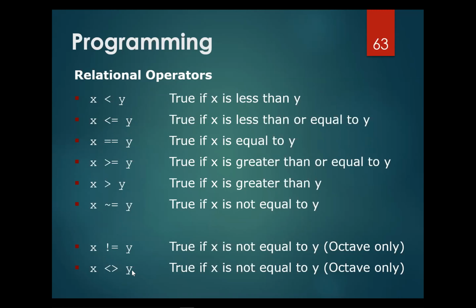Octave takes this one and this one to mean not equal. If you are dealing with a high-level language like VB, this is how we write not equal. And if you are dealing with C++, this is how we write not equal. It combines all and then recognizes each of them.